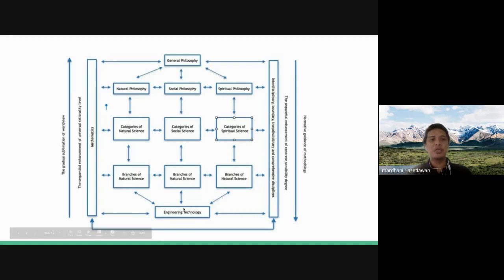So that will be interesting, because you can see in the philosophy, we push the natural, social, and spiritual, and then in the end we have engineering and technology that become the interdisciplinary part of the philosophy itself.